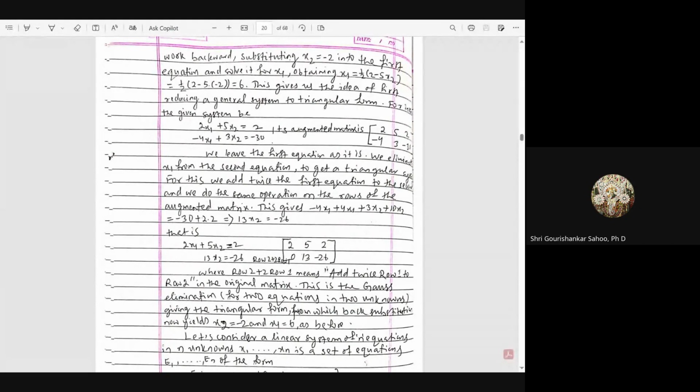So here you can see that 13x2 = -26, so x2 = -2.